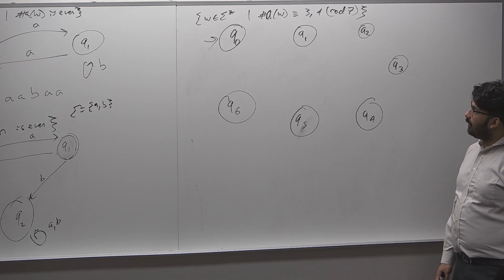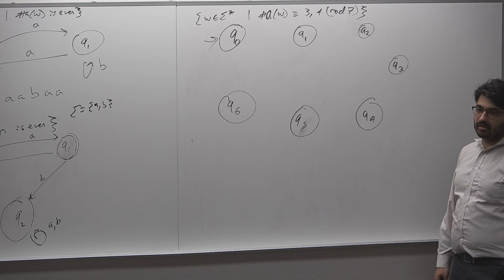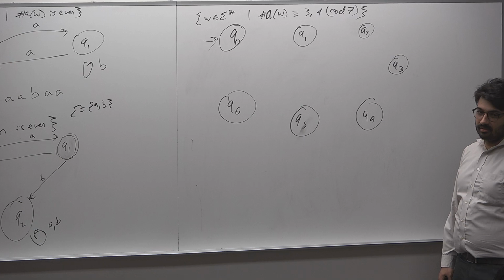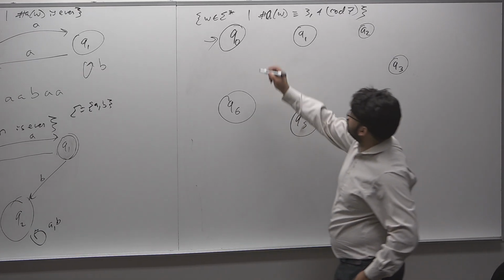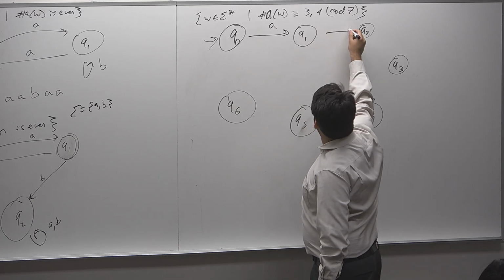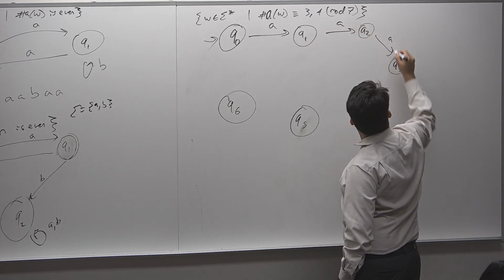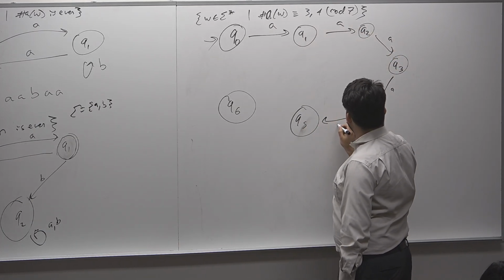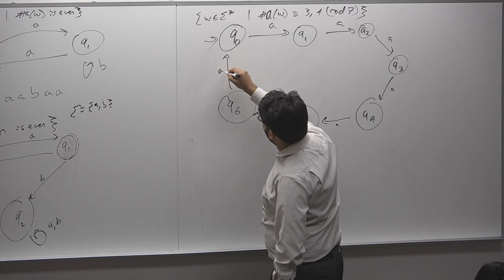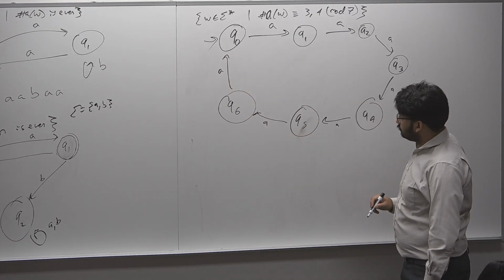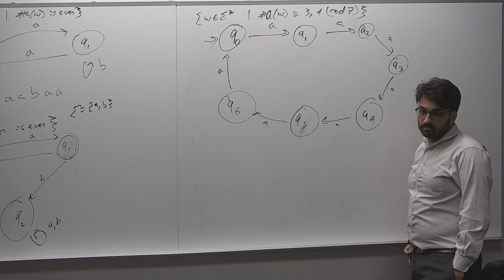Now, what should our transitions between the states be? If you see an A, you move forward. If you see a B, you stay. Stay where? Stay at the same node.